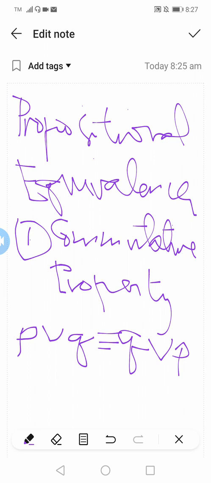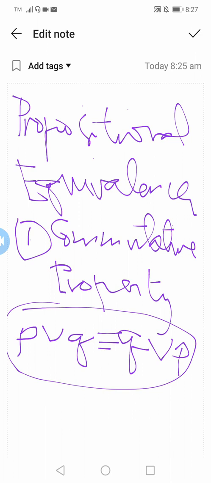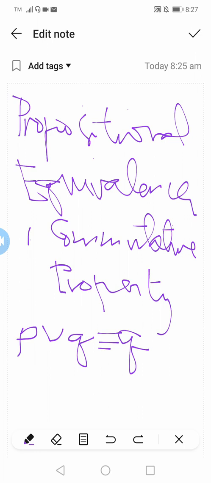Okay, so our target for this topic, as I have said a while back, is to prove that this commutative property holds to be true. So ang gagawin natin, we will be proving these propositional equivalences.